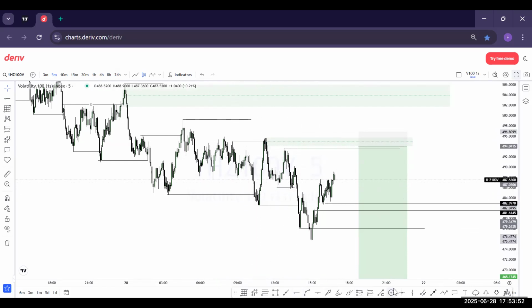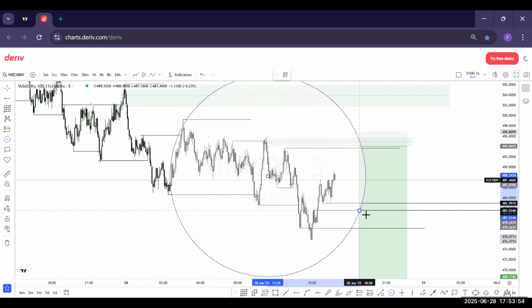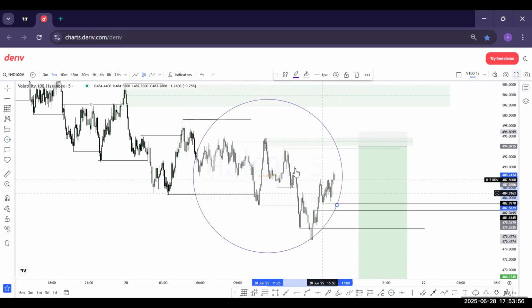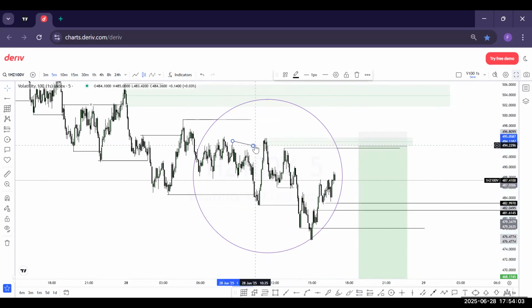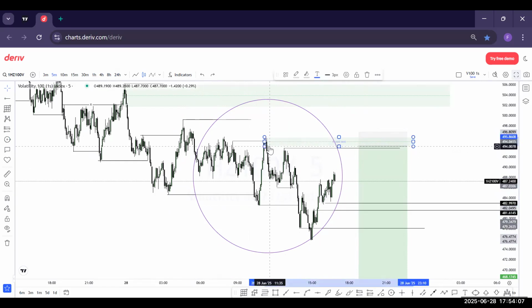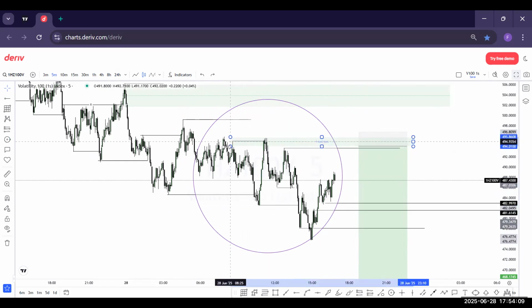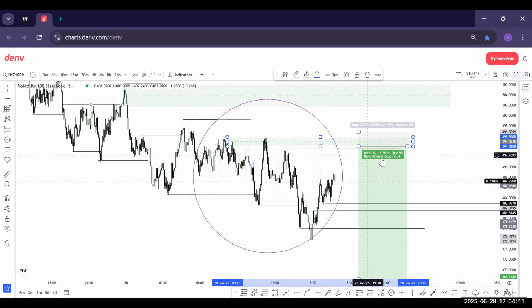This type 2 scenario, what we have here is type 2, right? You enter from the QMR or you use the supply zone. Either the QMR or use the supply zone.